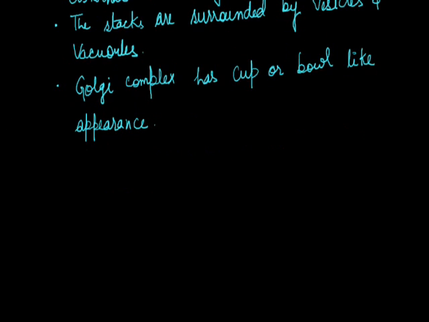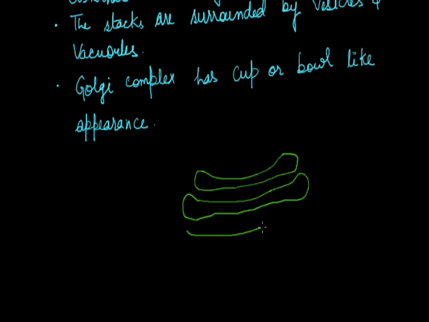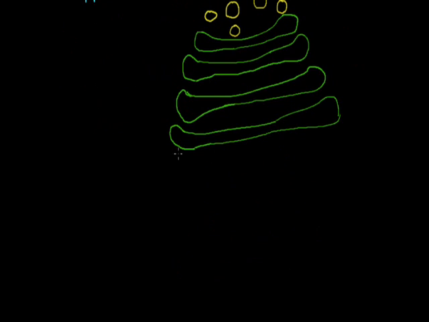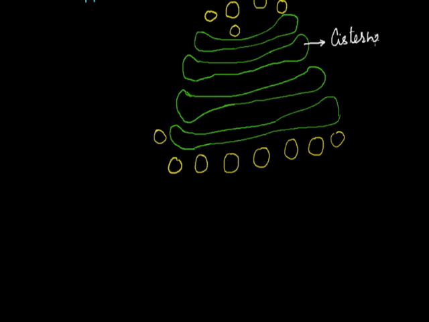If we draw the diagram, it looks like this: the flat sac-like structures represent the cisternae, which are arranged in a stack-like structure.